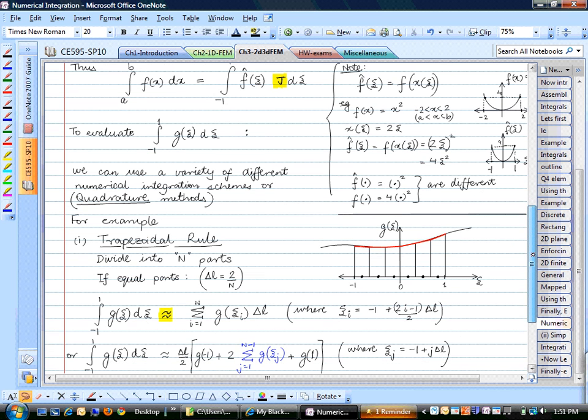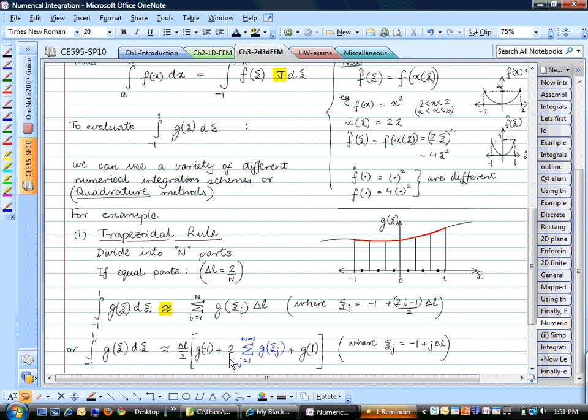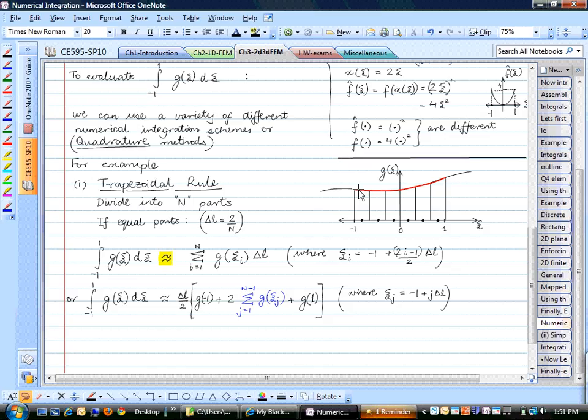So to calculate this trapezoidal rule, instead of calculating your function values at the middle point, what you can also do is calculate the function values at the boundaries of all those trapezoids.